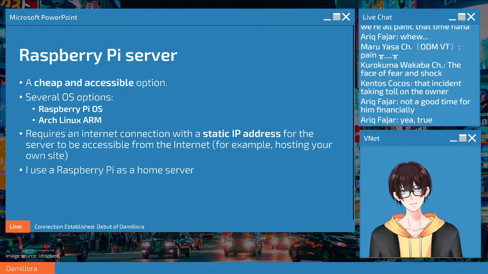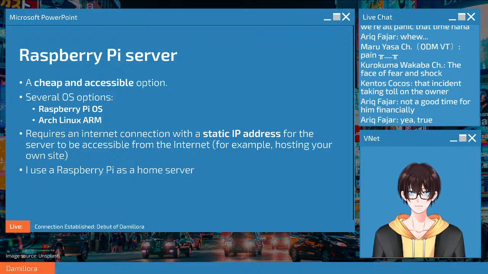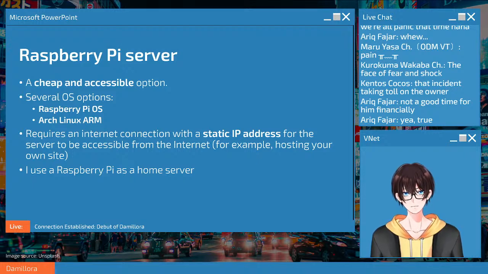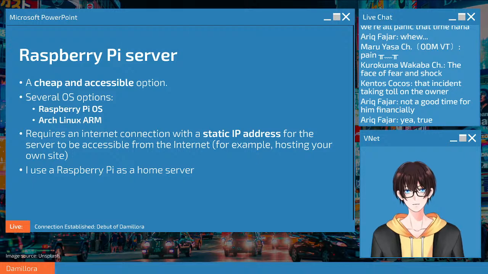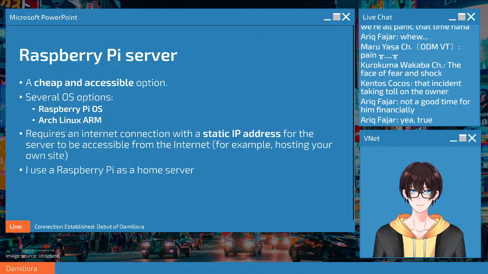It's based on Debian, and there are lots of tutorials for installing stuff on this particular OS. The second option is to go bleeding edge and install Arch Linux ARM. I would say that option is probably for the more technically advanced, but if you know your way around Linux, you can do it.